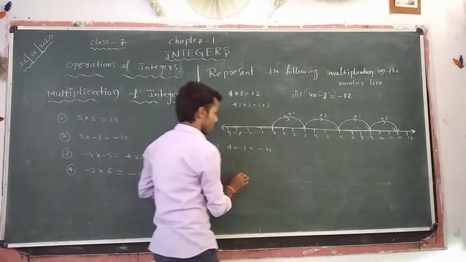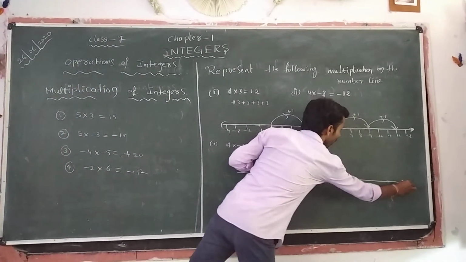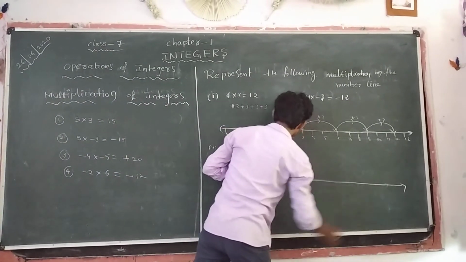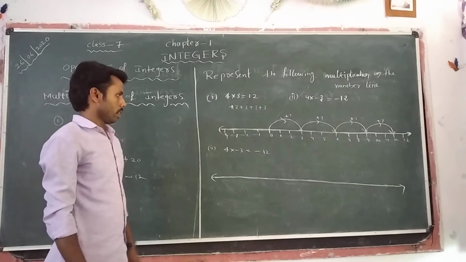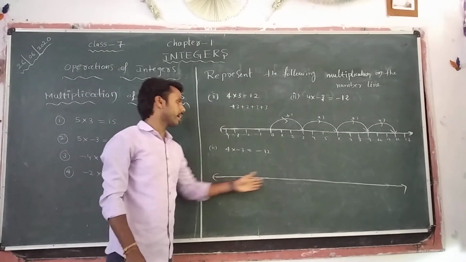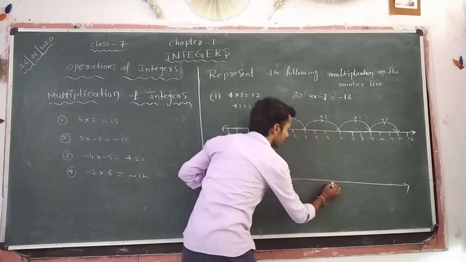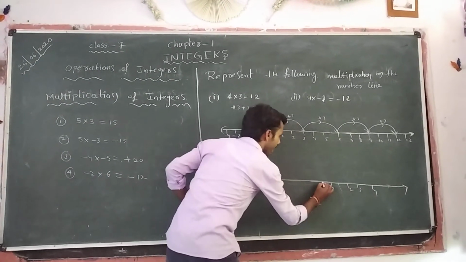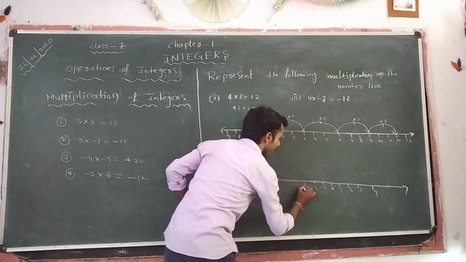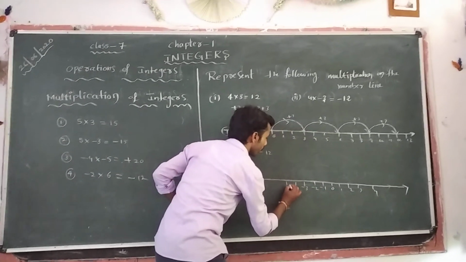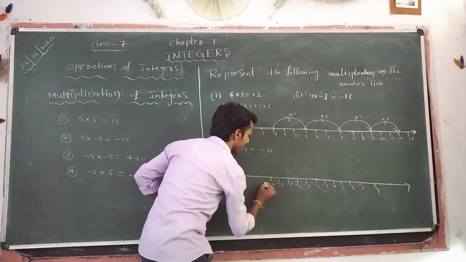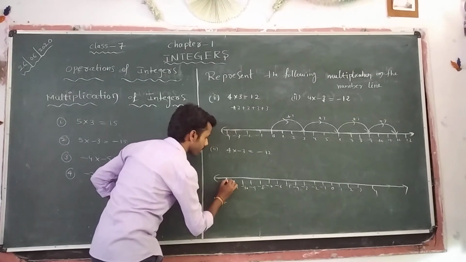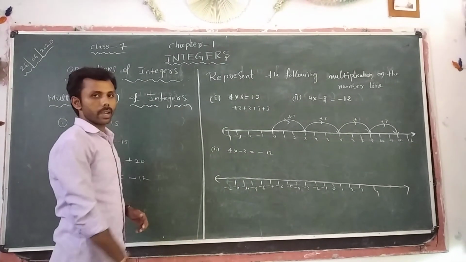On the number line, minus 12 is a negative integer, so on the left side of 0: minus 1, minus 2, up to minus 12.